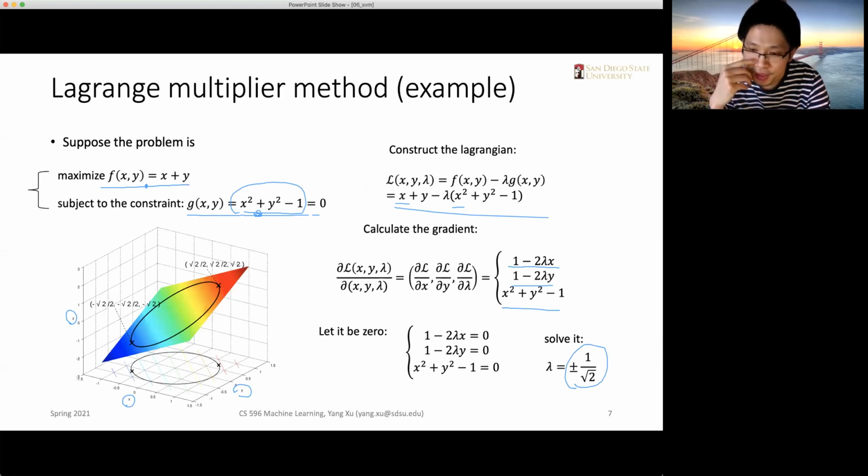Yeah, I think Brandon has a good point. The problem of the local maximum can always be there, and it's related to the nature of the problem.